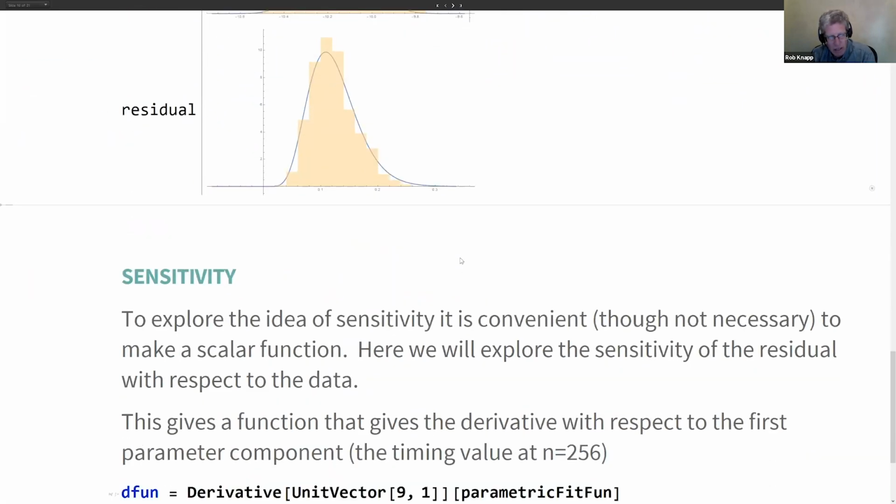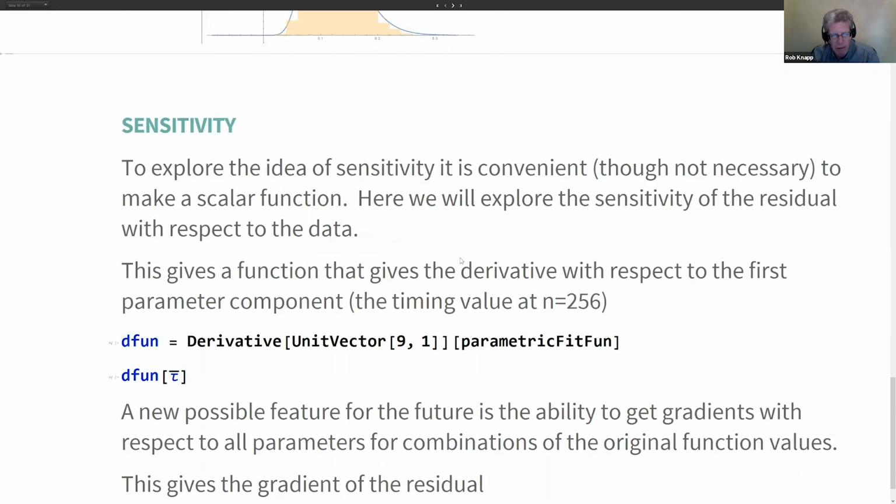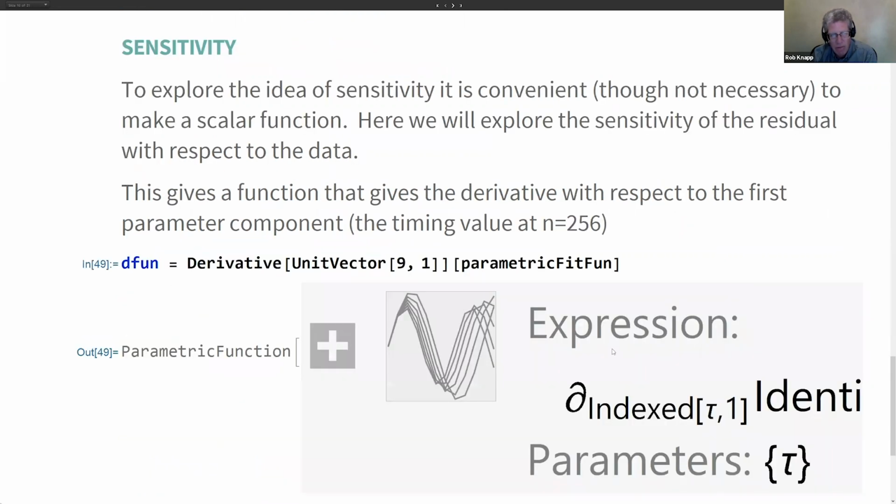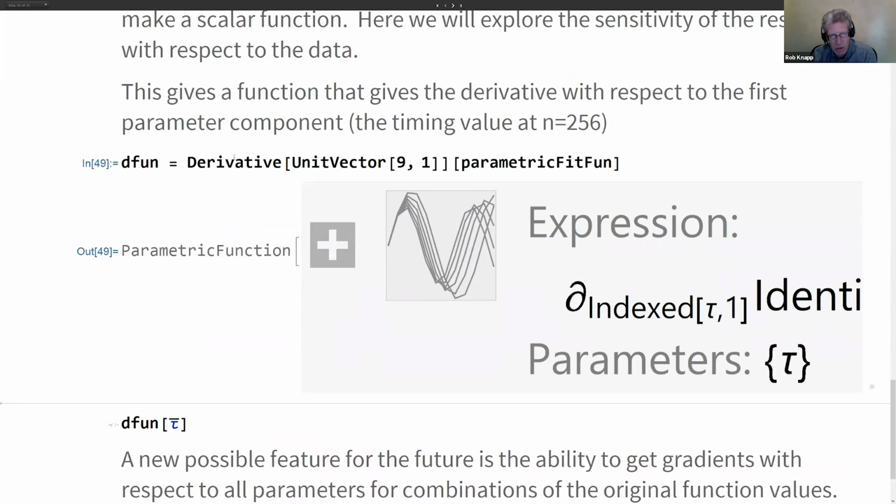Okay, so now let's look at another idea, which is sensitivity. Suppose you want to know the derivative of the fit. Because it's a vector parameter, we use a vector inside the first argument of Derivative, so it's not just a prime, it's one particular component.